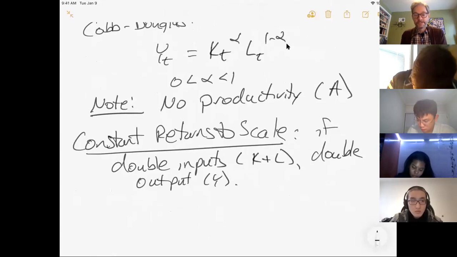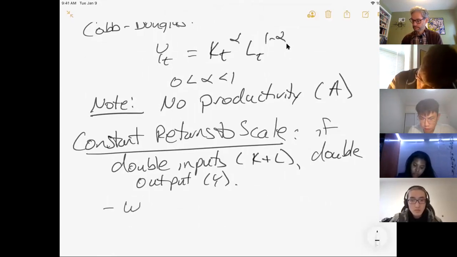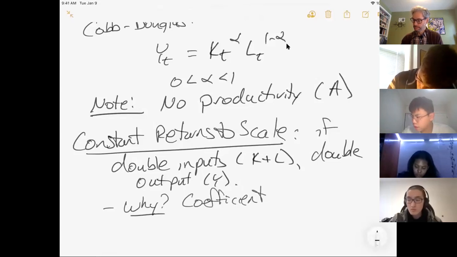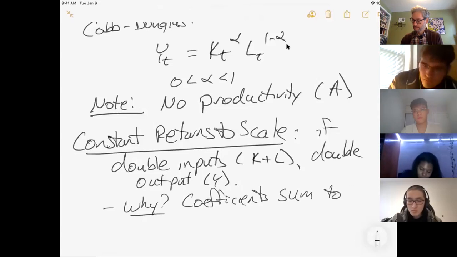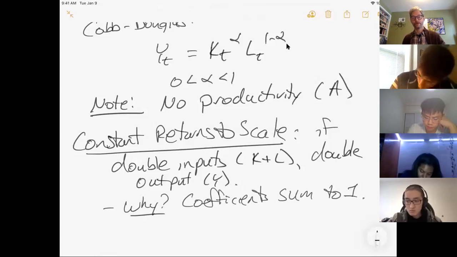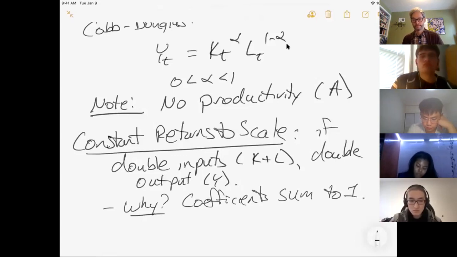If you double the inputs, meaning if you double capital and labor, you double output. Why is that? Well, mathematically, you can see it's because the coefficients sum to 1. If you have a little bit of free time tonight, you can actually do a little math and show this, right? That if you double capital and you double labor, what happens to output? It doubles.